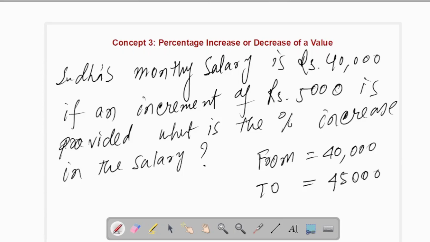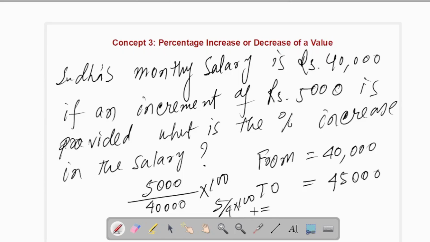So from 40,000 to 45,000, the increase is how much? The increase is 5,000, and it is out of what? Out of 40,000 into 100. Since the salary is increasing here, the percentage we are getting is the percentage increase. So 5,000 over 40,000, it is coming to 1 by 8 into 100.